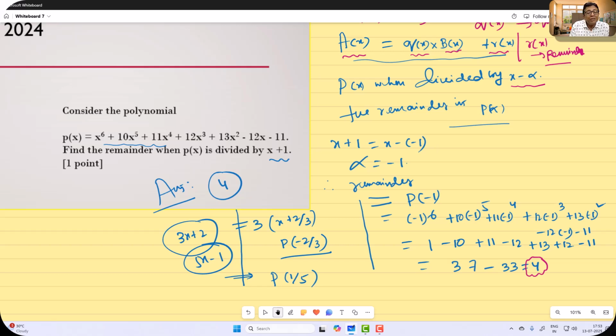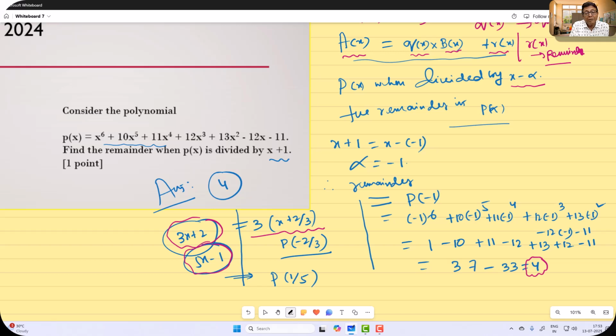Now in this context I have explained how to calculate the remainder when divided by a polynomial like 3x plus 2 or 5x minus 1. For finding the remainder, you take 3 common: 3 into x plus 2 by 3.